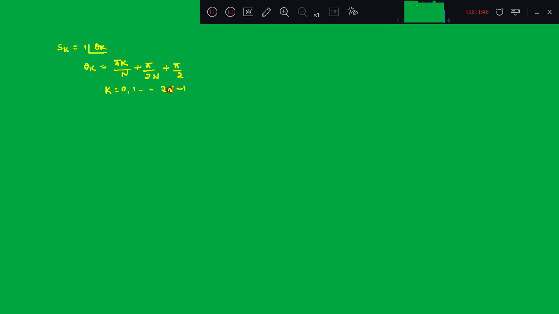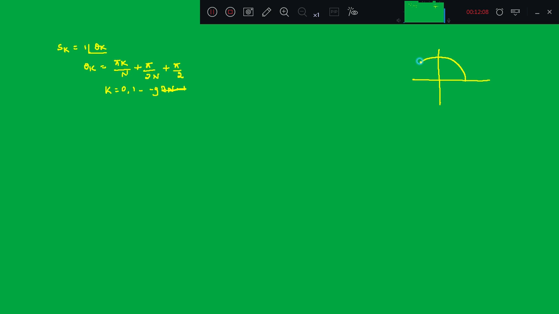So 2n minus 1 means 2 into 5 is 10, 10 minus 1 is 9, so we will get 0 to 9, right? So how many phase angles will we get here? 10 angles you will get, and with respect to those angles you can locate the poles over the unit circle.